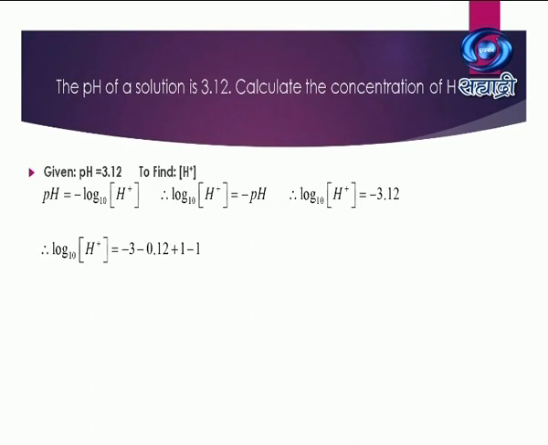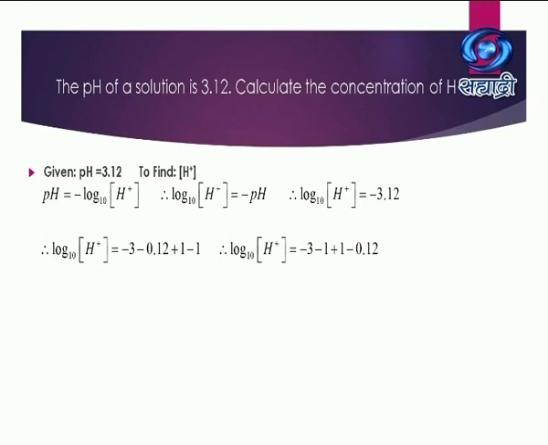Now here you have to make the adjustment. You cannot immediately find out the anti-log of minus 3.12 because this is a pure negative number. So what to do? Split that negative number, minus 3 minus 0.12. Then add 1 and subtract 1. So what it becomes? Log to the base 10 molar concentration of H plus is minus 3 minus 1, plus 1 minus 0.12.